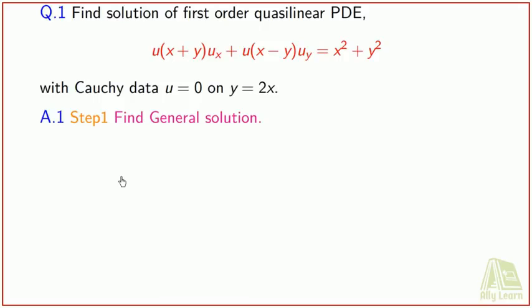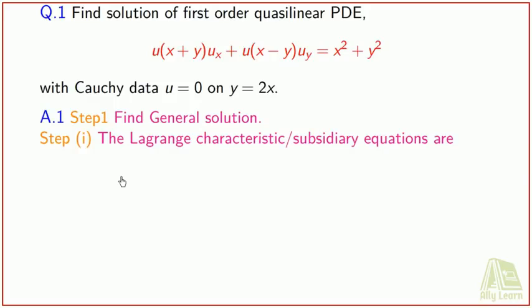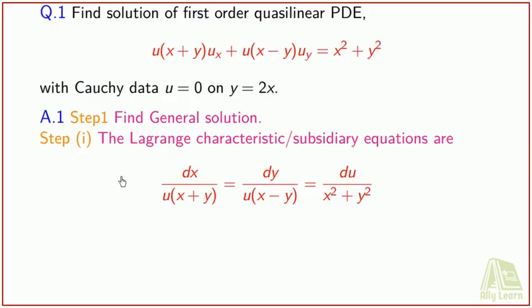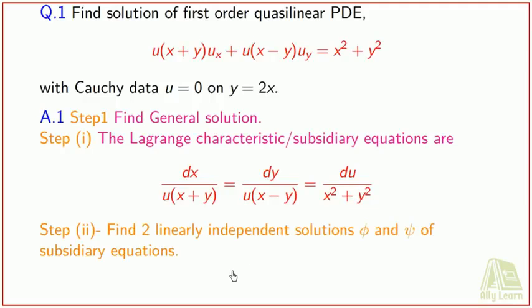So first of all, what we do, we form the Lagrange subsidiary equations, and these are these. Okay, so this is dx upon the coefficient of ux, dy upon the coefficient of uy, du upon the term on the right hand side. Now the next step is to find two linearly independent solutions phi and psi of the Lagrange subsidiary equations.